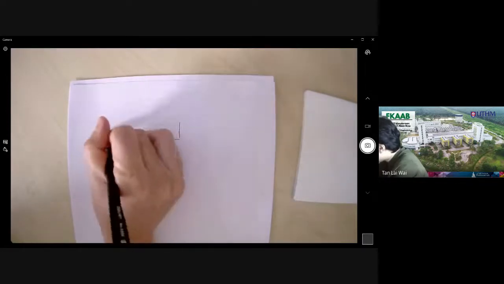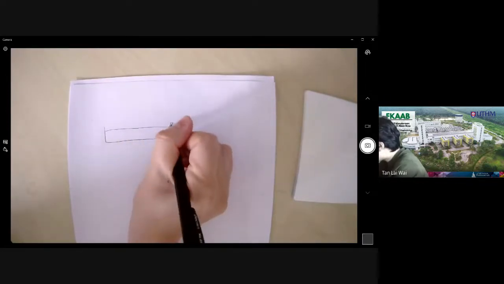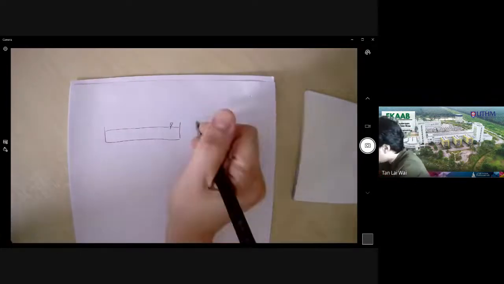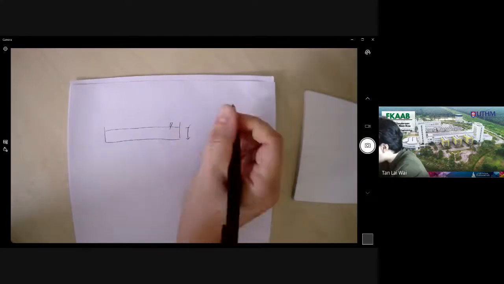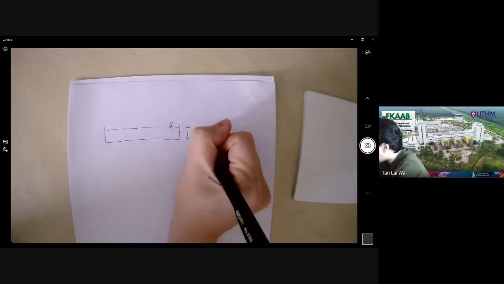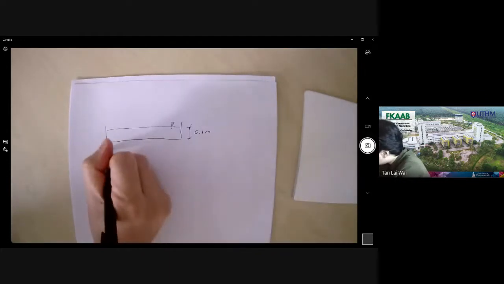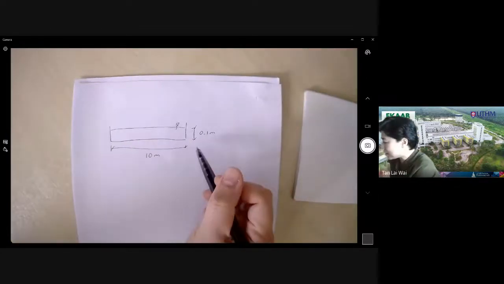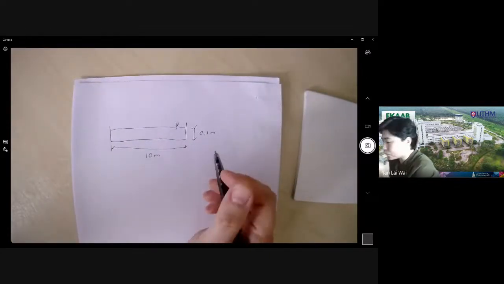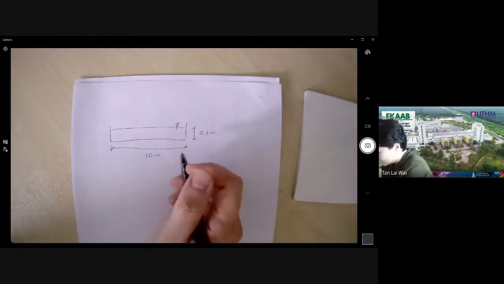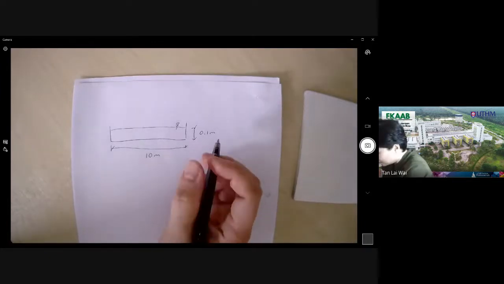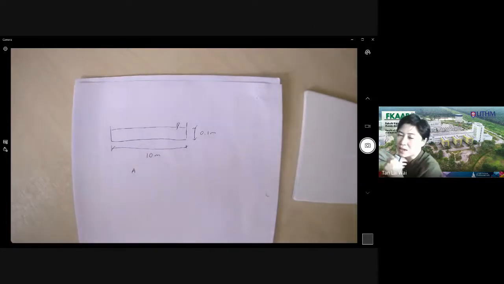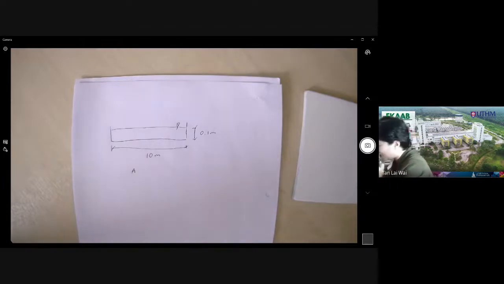In subsequent questions, we'll just assume it is an almost rectangular section. Let's assume the depth of flow is 0.1 meter and the width of the channel is 10 meter. This ratio is smaller than 0.02, right? I'm going to prove that we can actually use R equals Y in this case.